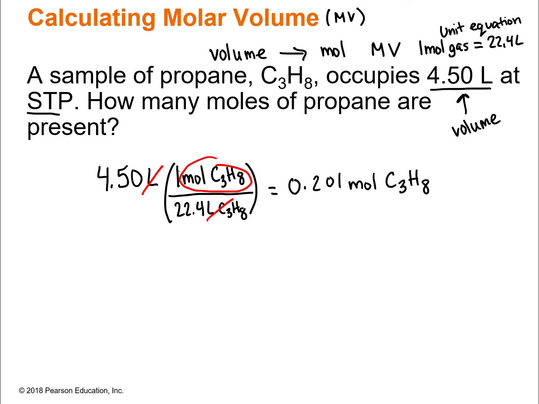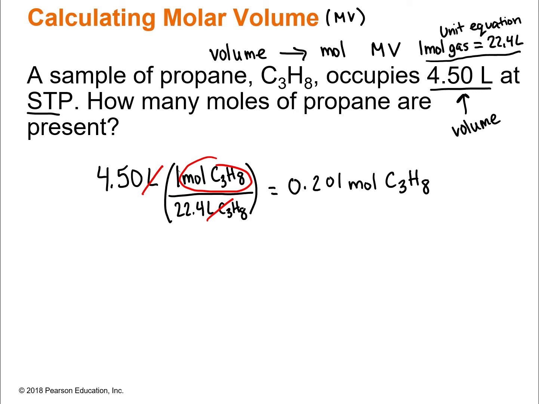And only gases deal with molar volume. So this problem type is volume to moles. We're going to use molar volume where we know 1 mole of gas is equal to 22.4 liters. And we're going to write a unit factor from that unit equation to convert from the liters that we have to the moles that we want.